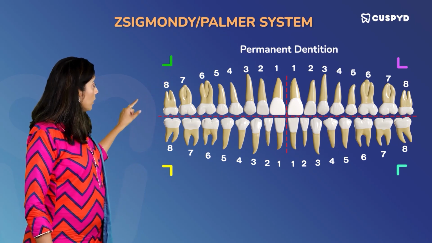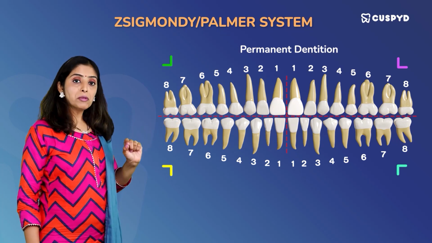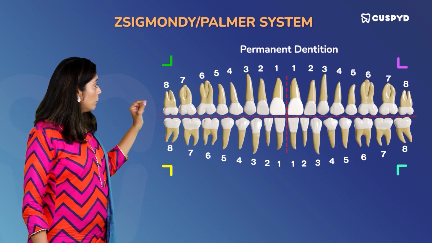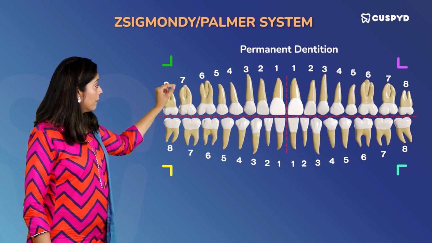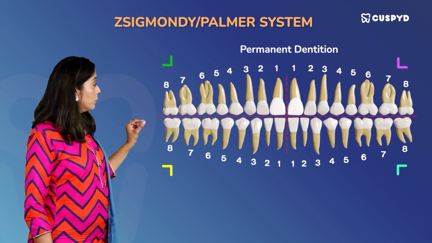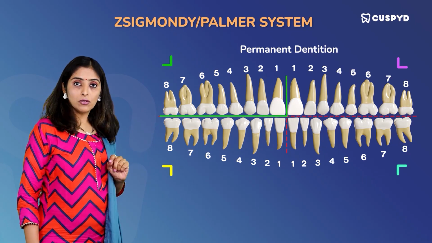The shape of the quadrant is used as the symbol, and the tooth to be mentioned will be written in that symbol only. So if I want to talk about maxillary left, I will use this symbol and write the tooth accordingly. If I want to talk about maxillary right, then I will use this symbol and talk accordingly.